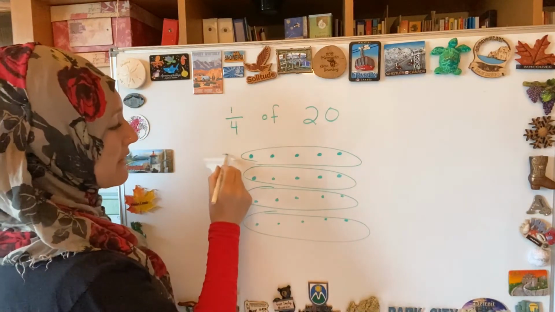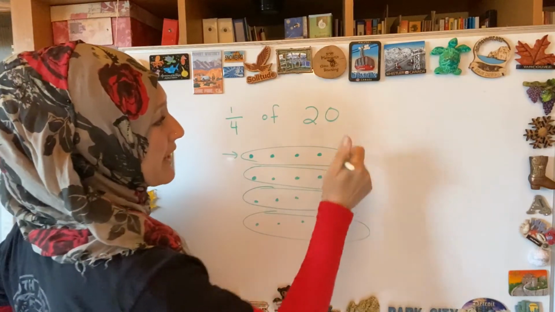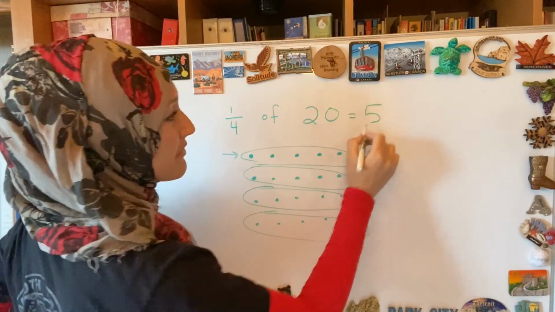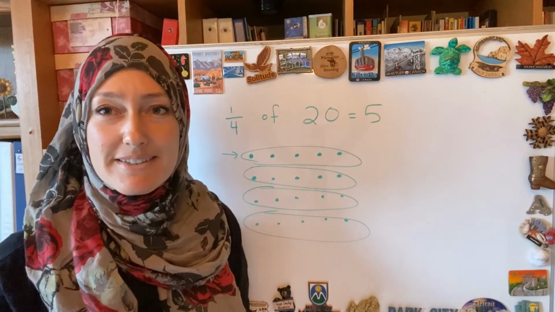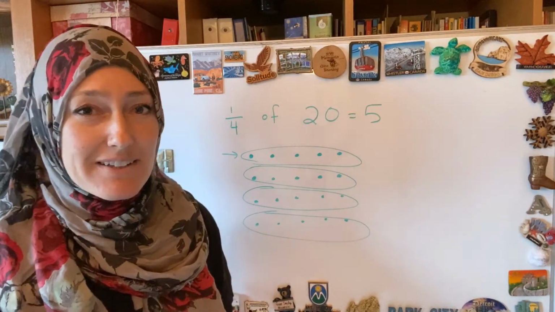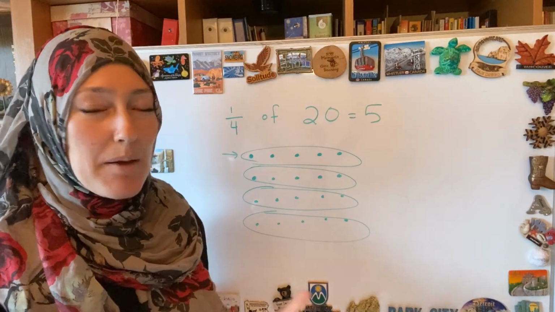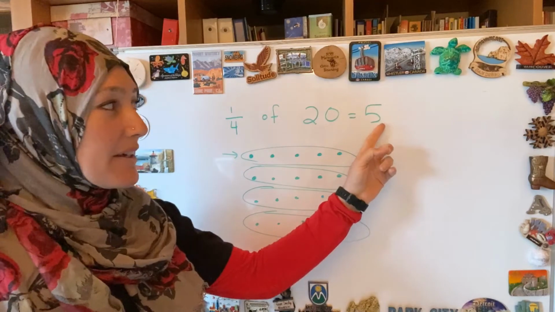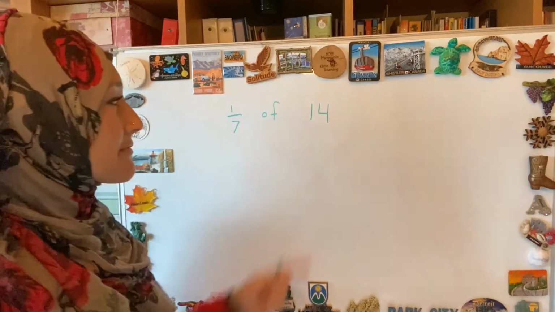And my 1 out of the 4 tells me there's 1, 2, 3, 4, 5. There are 5. So 1/4 of 20. So if I have 20 things, 20 pieces of chocolate, and I want to eat 1/4 of them, how many am I eating? I'm eating 5 out of those 20 pieces of chocolate.